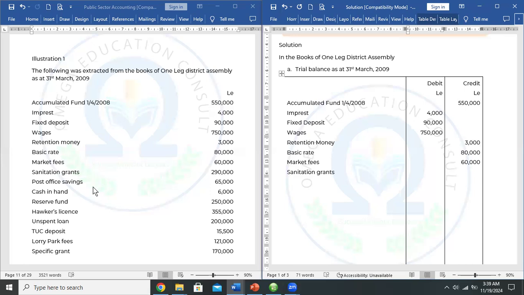Okay, so to the local district assembly, is that an income, an expense, an asset, or a liability? Yes, my professors. Well, it's normal because some of these things are new to you, right? But I would want you to express your opinion so that if there are confusions, we clear them.